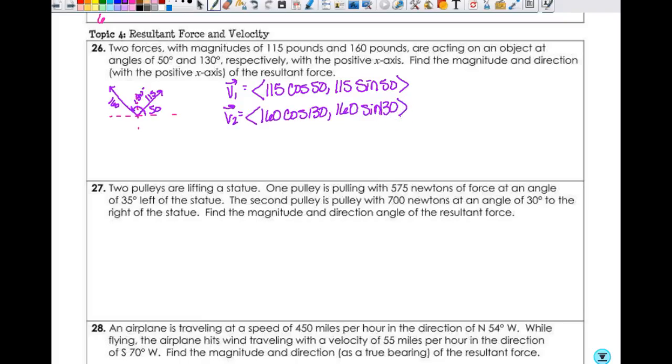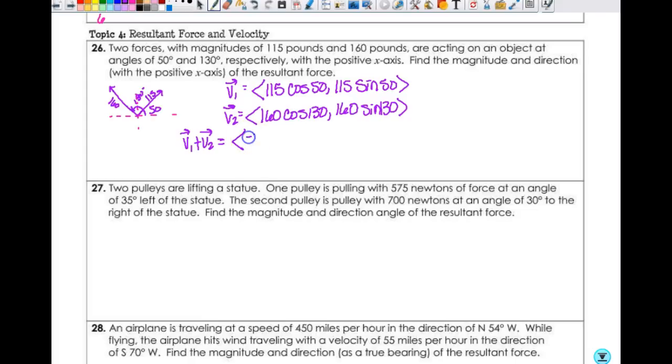Remember, I want the resultant, so I'm going to add these two together. I literally add them together. So V1 plus V2. And in your calculator, you go ahead and type this in and store it. So 115 cosine 50, close parentheses, plus 160 cosine 130 equals, shift store X, right?